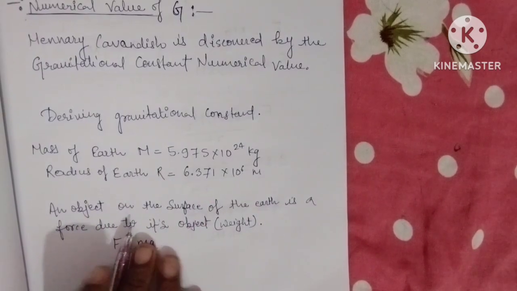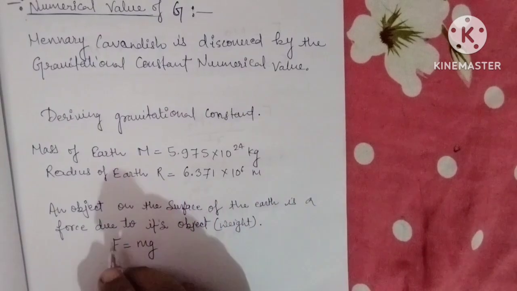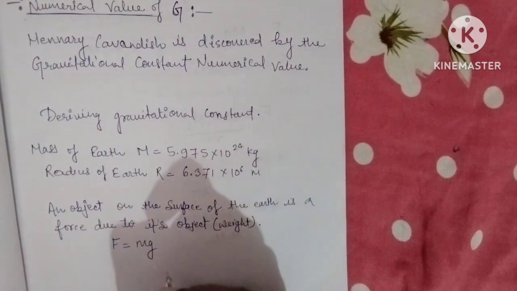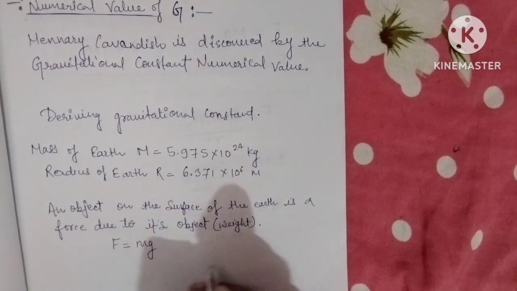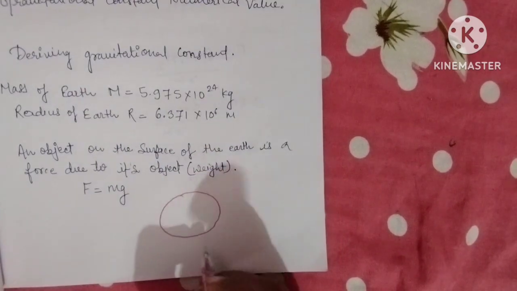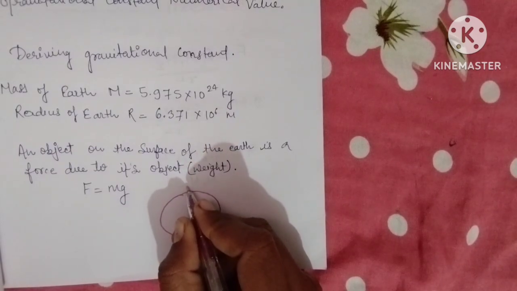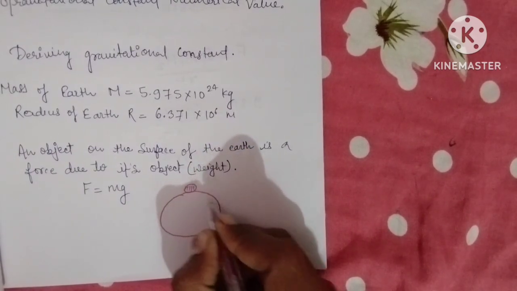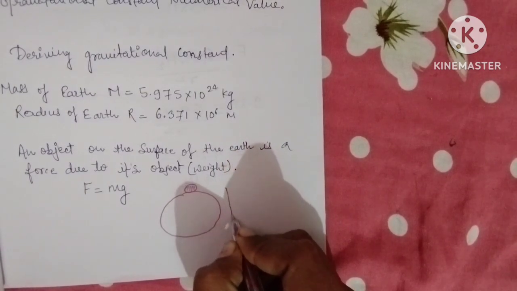An object on the surface of the Earth experiences a force due to its weight. F is equal to mg. So this is Earth, this is mass, and this is the produced force.